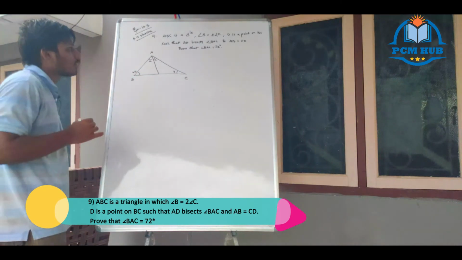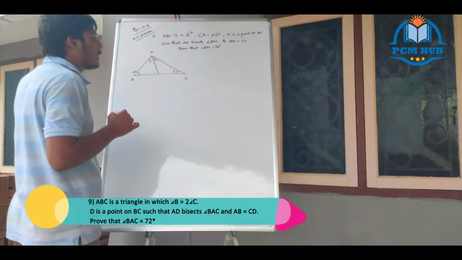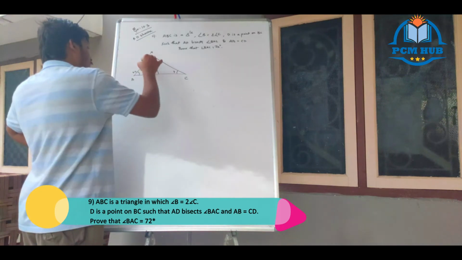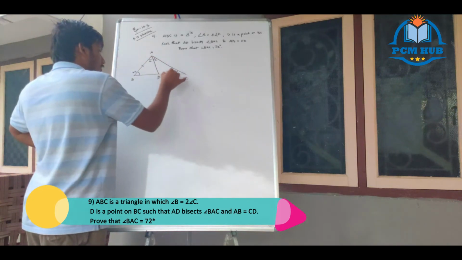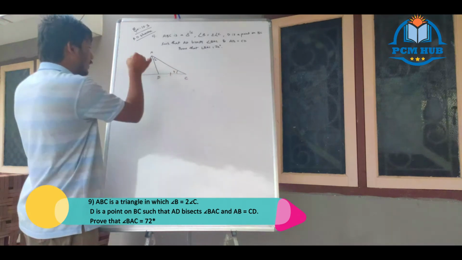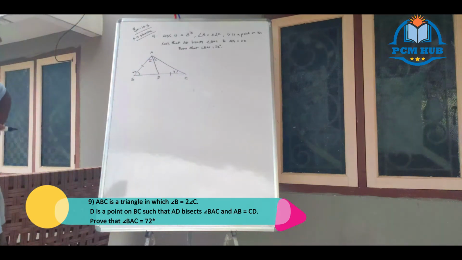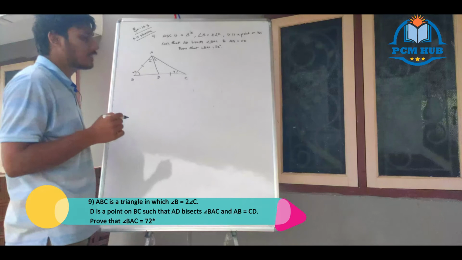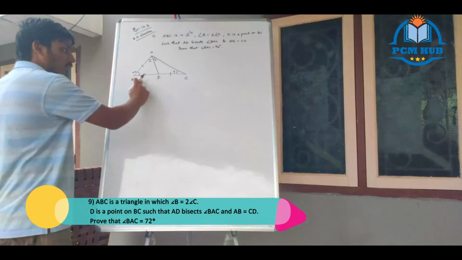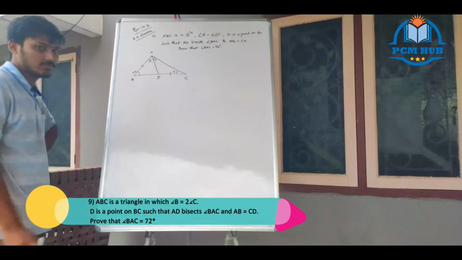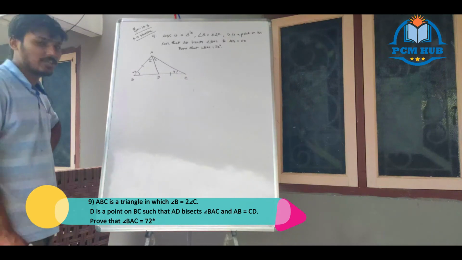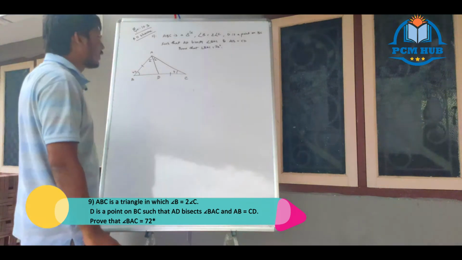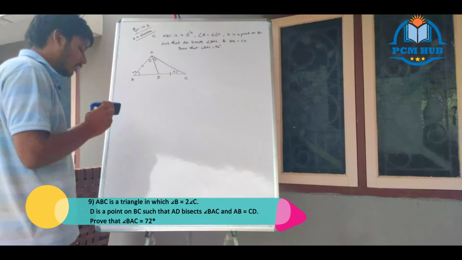And AB equal to CD. These two are equal. Prove that angle BAC equal to 72 degrees. These two are not equal; these two are equal. It's not a median.